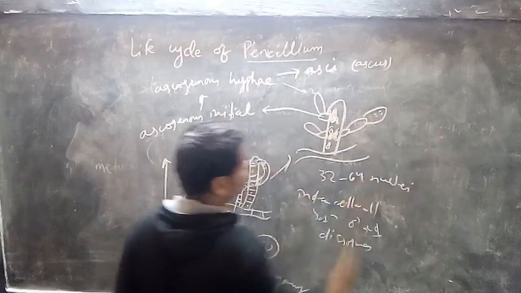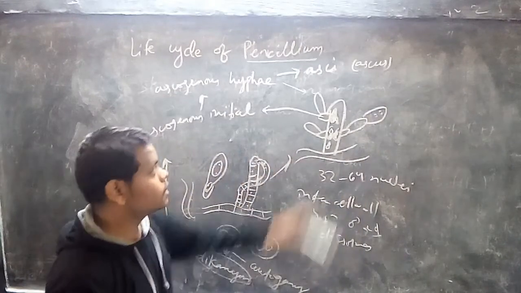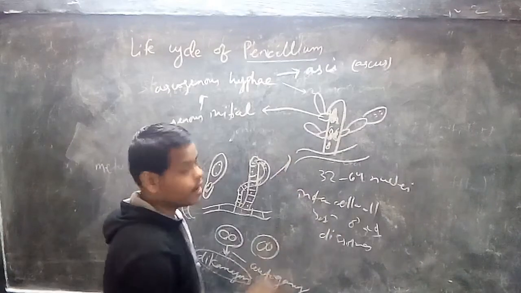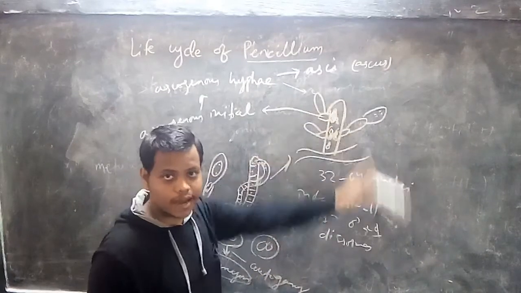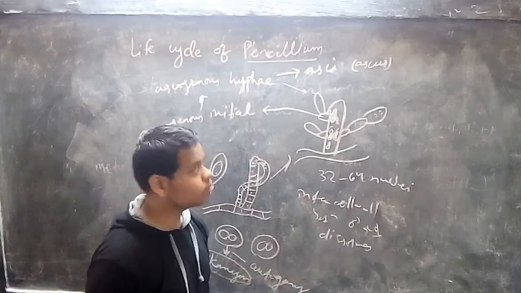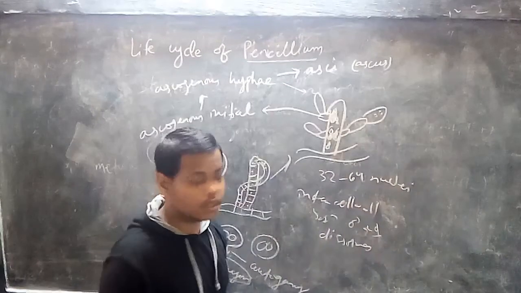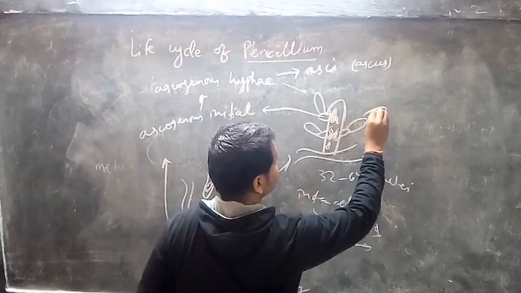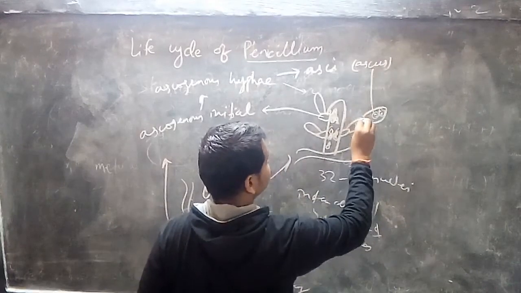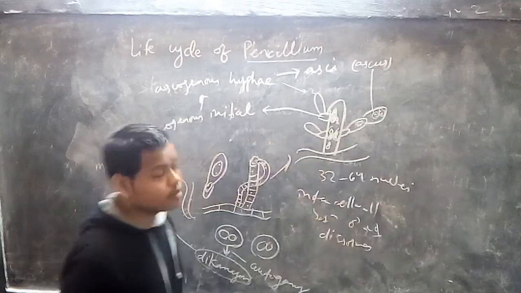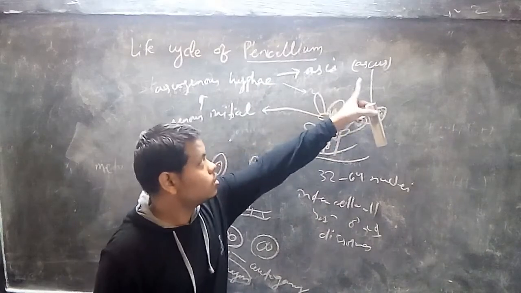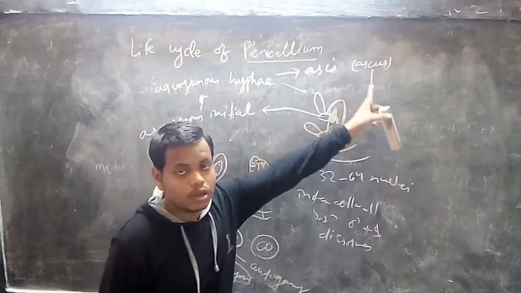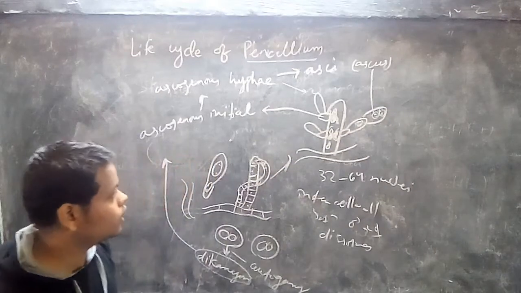Asci are the diploid stage of Penicillium. Okay, this is the ascus. Mark here, the ascus is the diploid stage of Penicillium.